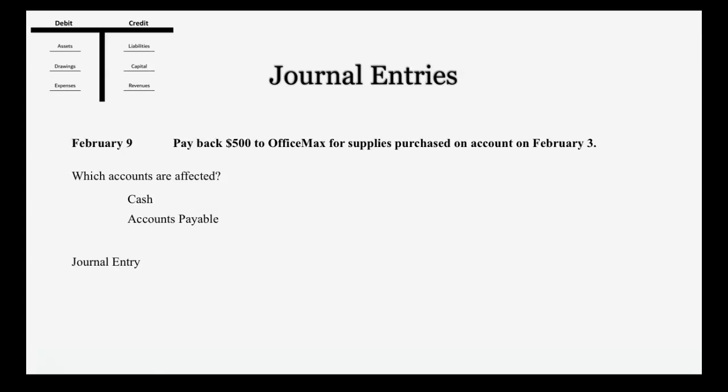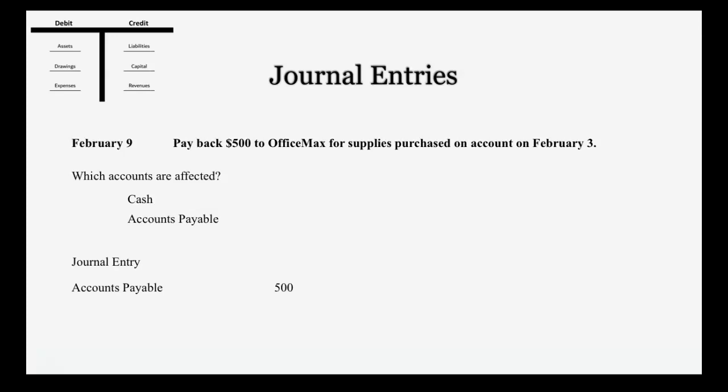Accounts payable is a liability, and we see that liabilities increase with a credit. But here, we're going to want to decrease our accounts payable because we owe OfficeMax less money because we are paying them back. So to decrease your accounts payable, you're going to debit that account for $500.